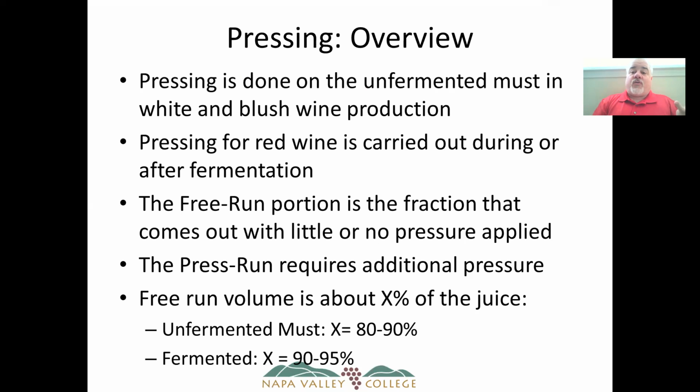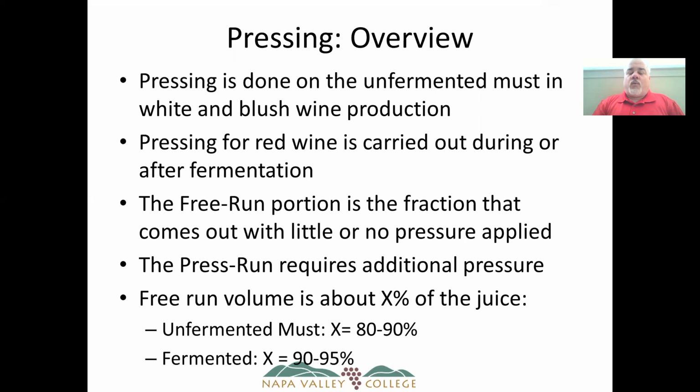Now you might keep the free run and the press run separate from each other and use them differently, or blend them back together at a certain rate to get the kind of quality product you want, or make multiple products. With a fermented wine, 90 to 95% is going to flow out without any pressure, extremely little pressure applied.